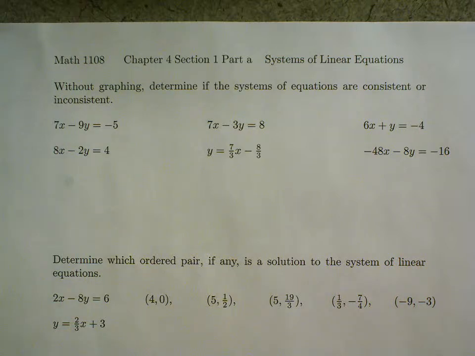So a consistent system has two lines where either the slopes are different, or the other possibility for consistent is that the two lines are the same line. And then inconsistent, the two lines are parallel.